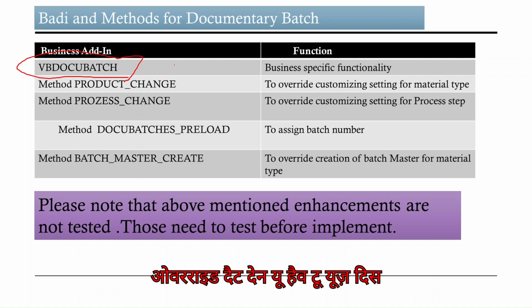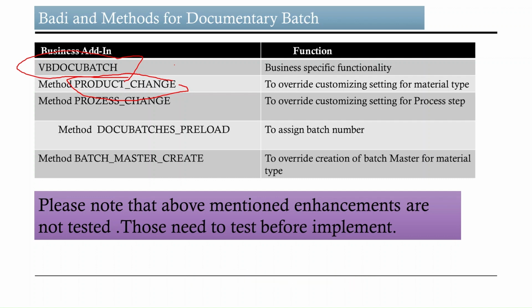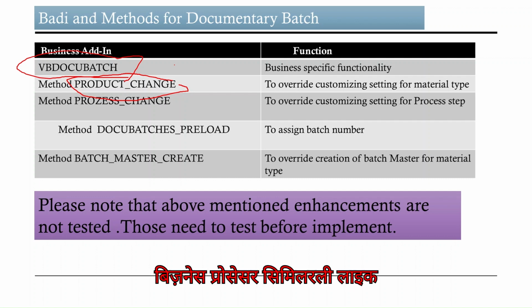If you want to override that, then you have to use this method PRODUCT_CHANGE. There you can customize based on your business process.